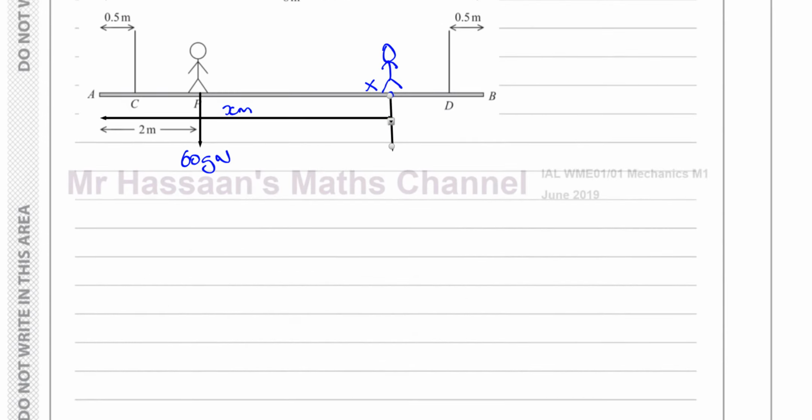So that's 48G newtons acting down here. We know that the weight of the beam is still the same. It's 100G newtons acting straight down there. That's the weight of the beam.